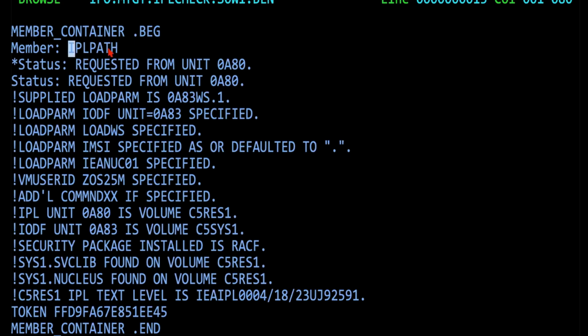This one is called IPL path, and it contains all of the elements in that IPL path that should be of interest to you in trying to figure out if any changes are taking place to the base configuration. You notice the container begins and it ends, but all the information within the container has been tokenized, so that should a change occur to this baseline itself, that would mean somebody has manipulated it.